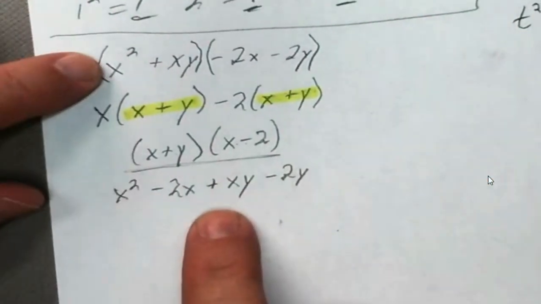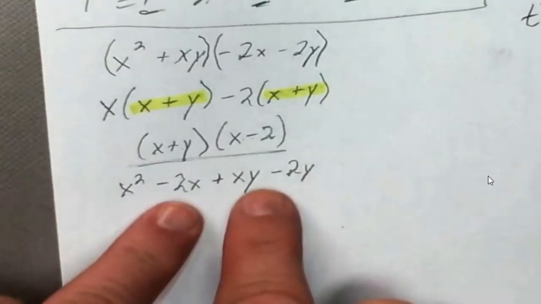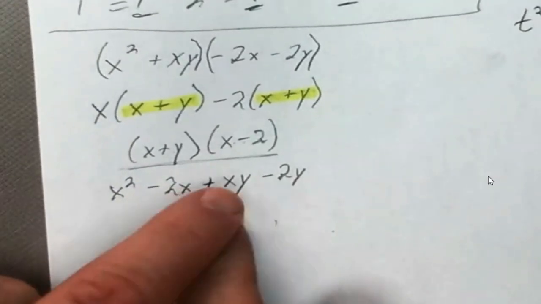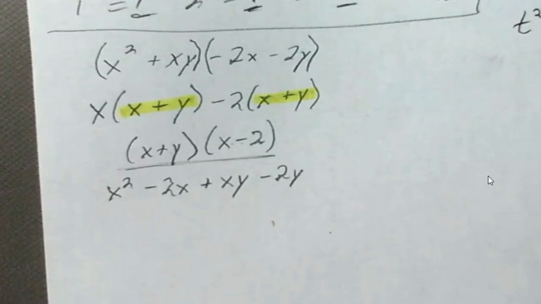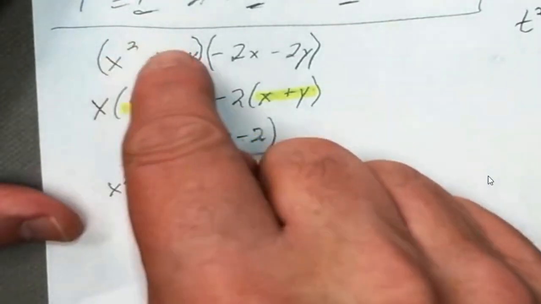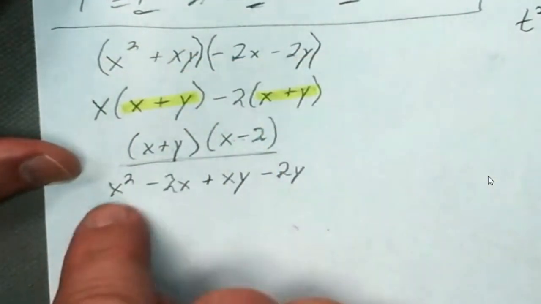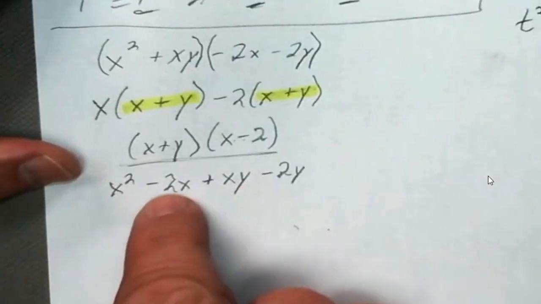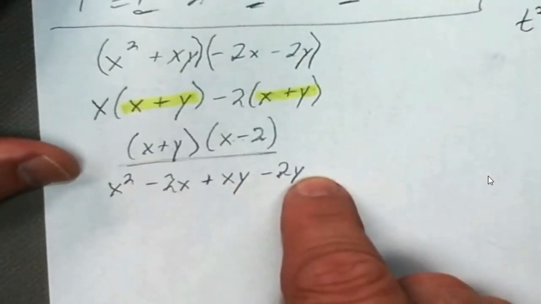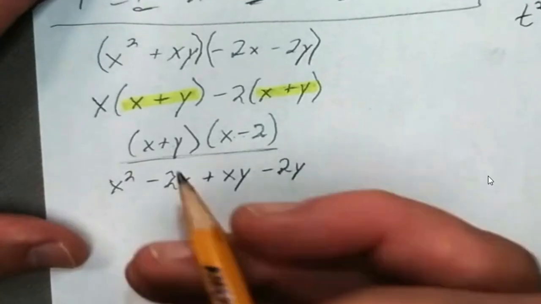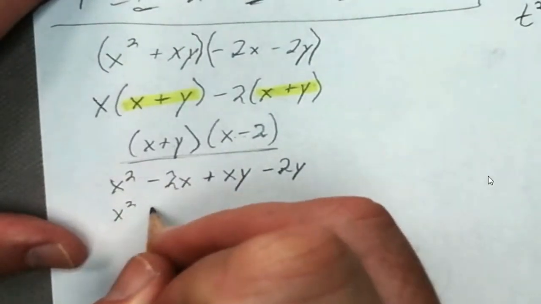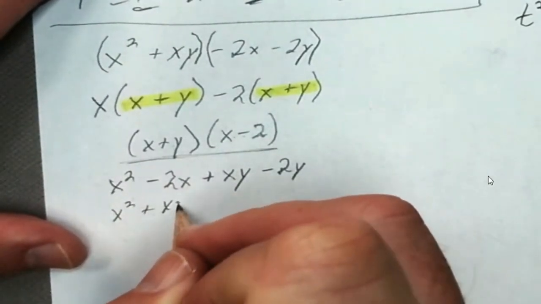This is the same as what we started with. We just switched those two terms, which is fine. You can write them in any order. But this is x squared plus xy minus 2x minus 2y. If it makes you uncomfortable, you can go ahead and write it again in the same order.